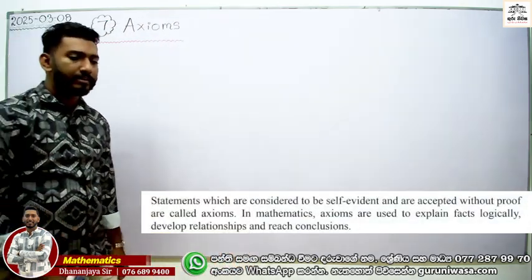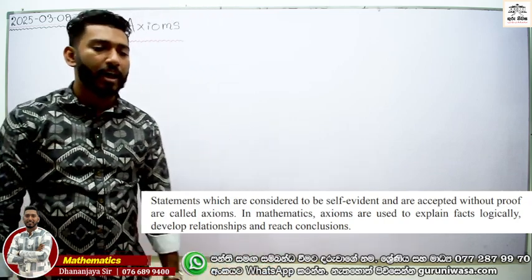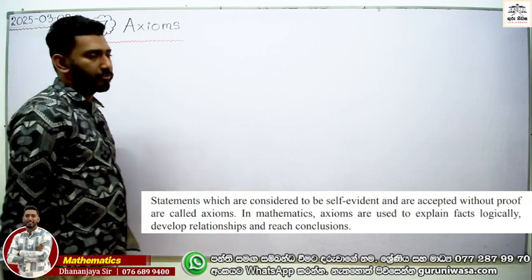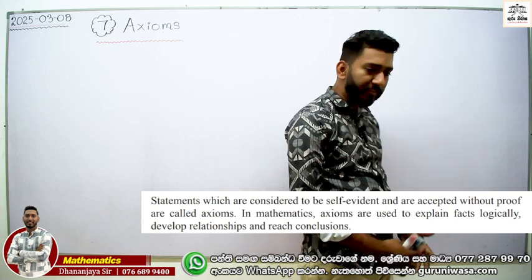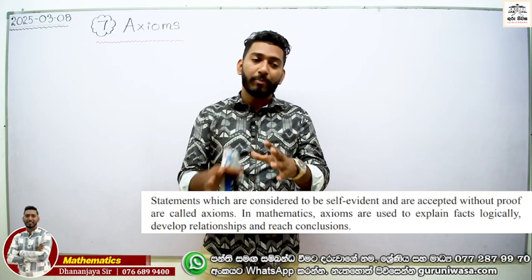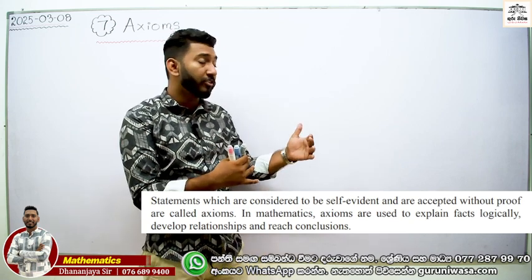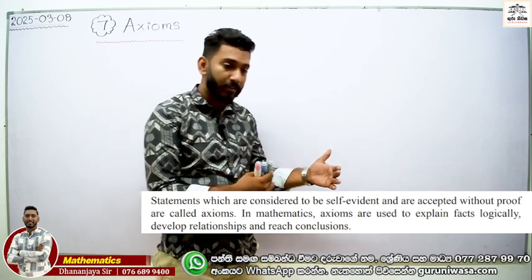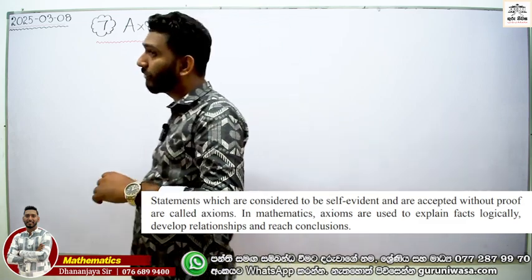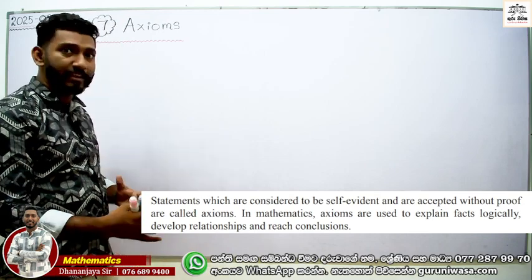Statements which are considered to be self-evident and are accepted without proof are called axioms, right? In mathematics, axioms are used to explain facts logically, develop relationships and reach conclusions, right? This is a very important lesson to develop the relation between logical things.